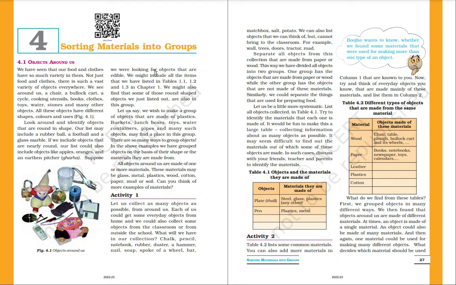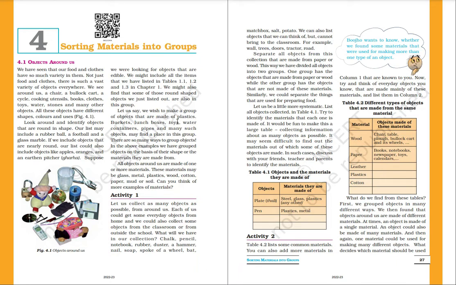Suppose we are looking for objects that are edible. We might include all the items that we have listed in tables 1.1, 1.2, and 1.3 in chapter 1. That's just a flashback of things that you don't need to remember that much, but it's nice if you see it once. We might also find that some of those round shaped objects we just listed are also in this group.